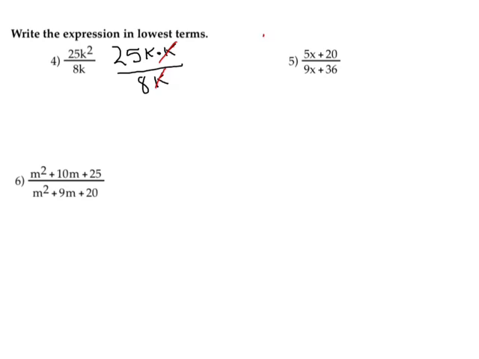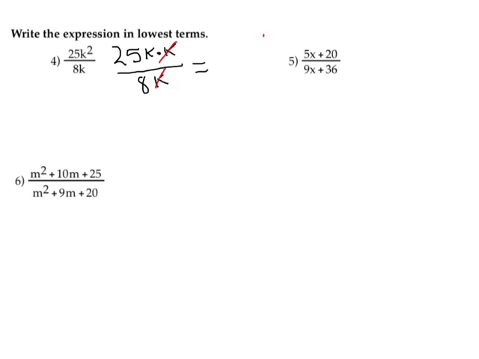Why do I say line out and not cancel? Because when it lines out, you are left with a factor of 1 and not 0, because that's what is implied when you say the word cancel. So in this case, this answer is fully reduced. We can't write it in any lower terms than it already is.